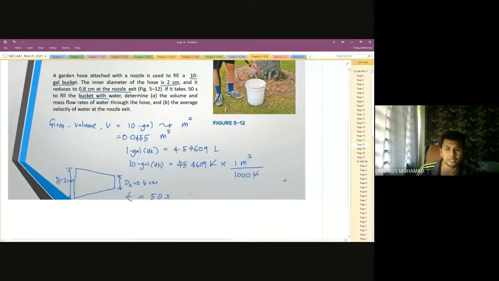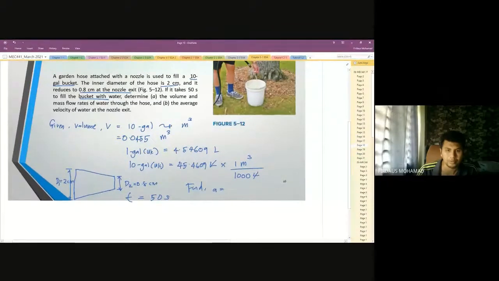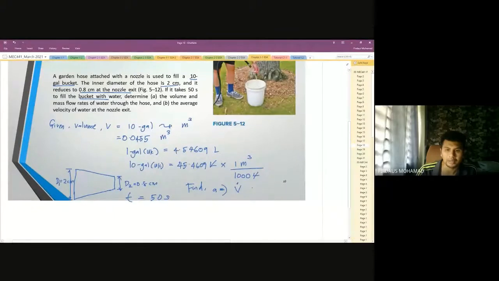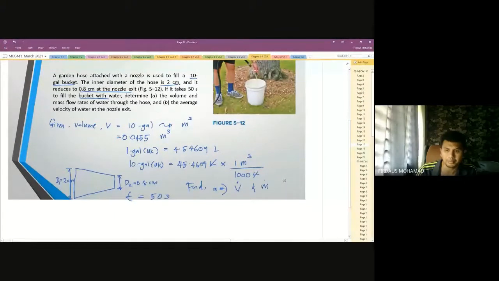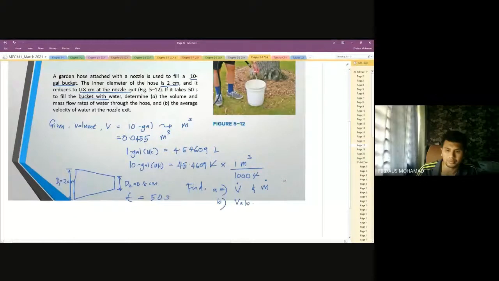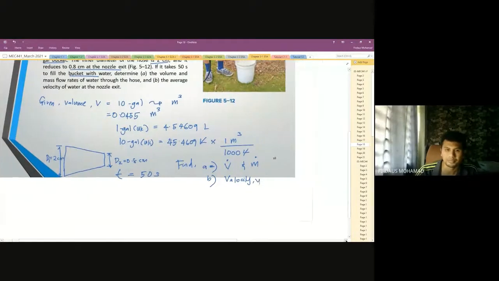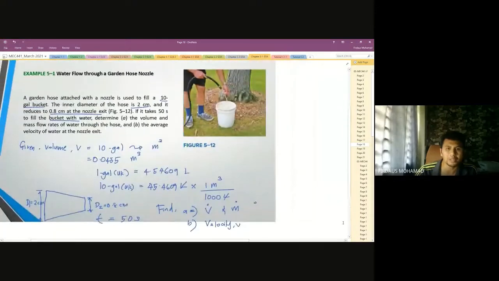Determine A: the volume flow rate V dot and the mass flow rate m dot. B: the average velocity of water, V. So how do we solve it? What does it want? It wants V dot.